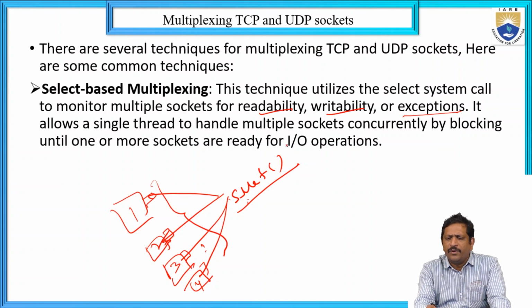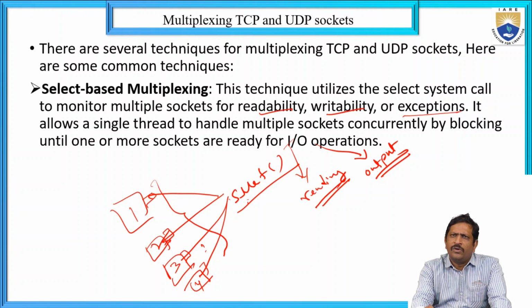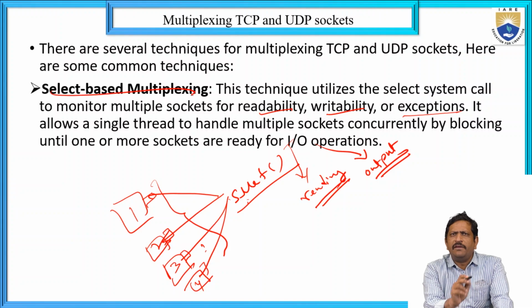Reading is nothing but an input operation, and writability is an output operation. That indicates which sockets are ready, so multiple sockets concurrently perform the operations. That can be done with the help of selector based multiplexing.